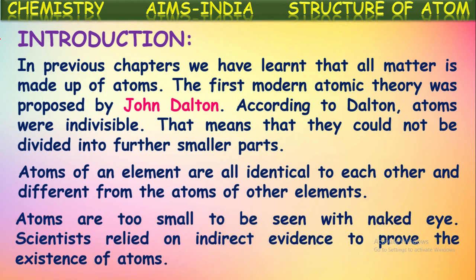Even atoms are too small to be seen with the naked eye. Scientists relied on indirect evidence to prove the existence of atoms because they cannot see them. Why? Because atoms are very, very tiny.